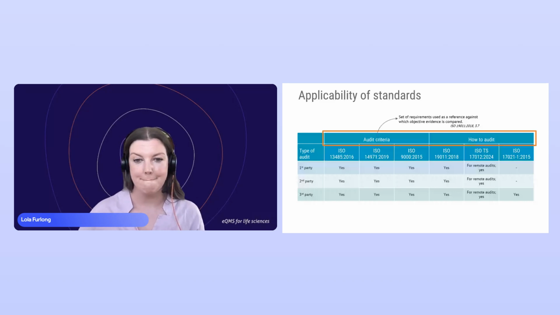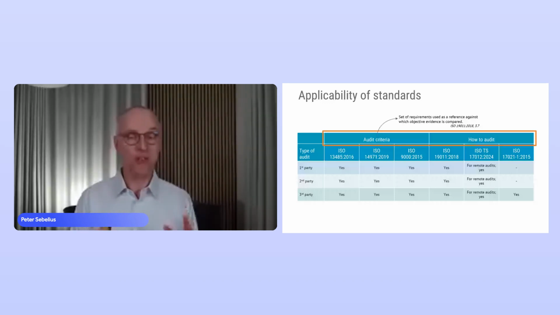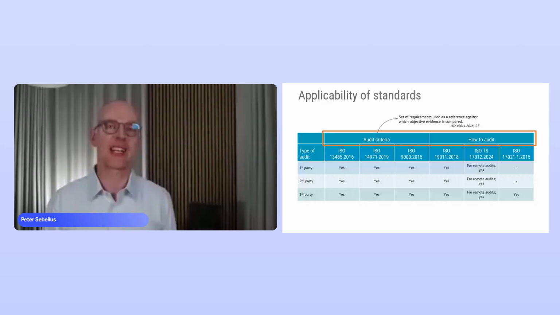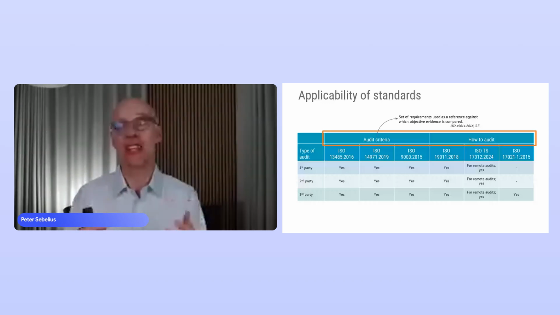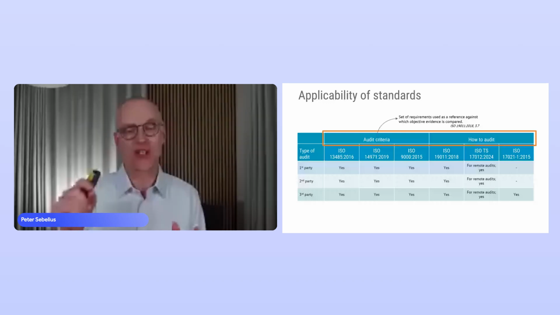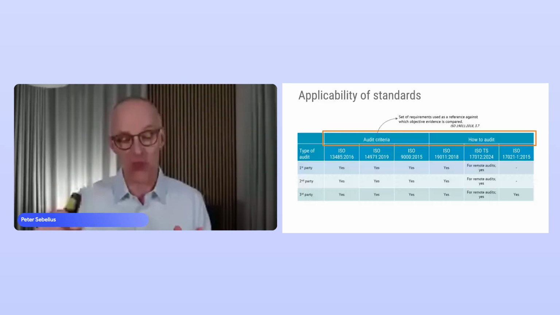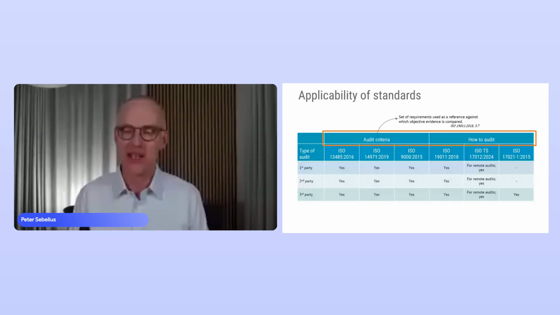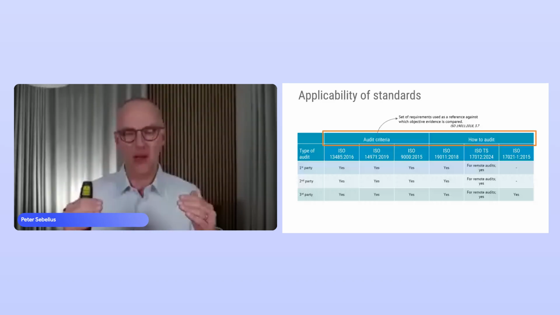Yeah, so that's a great question. I would say the typical answer to that question is to prepare a really good audit checklist. Now, the problem with audit checklists is they would contain all the typical clauses from a standard and then questions that you're going to be addressing or asking during the audit. It's a little bit of a double-edged sword because you do ensure that for every clause, you ask a question and check up on it.